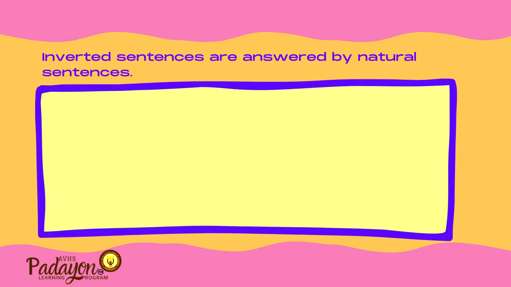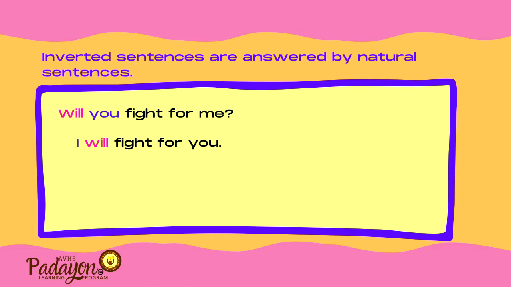Inverted sentences are answered by natural sentences. Let's take a look at the example. Will you fight for me? Now this is an inverted sentence since the auxiliary verb will is before the subject you. And the answer to this question: I will fight for you.